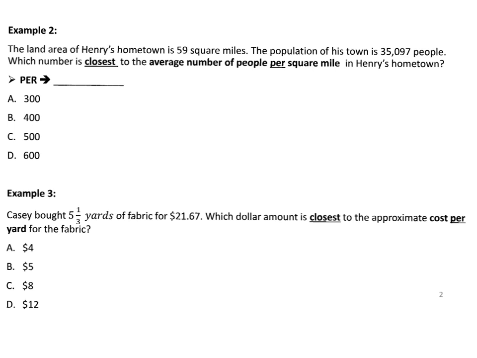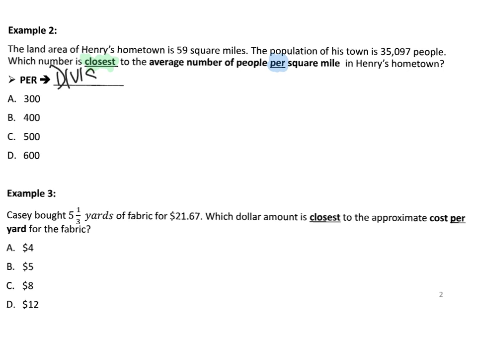Okay, so we want to now figure out the closest, which we said meant that we were estimating. Okay, but we need to figure out, what does this word per mean? Anybody remember what the word per means? So per means division.